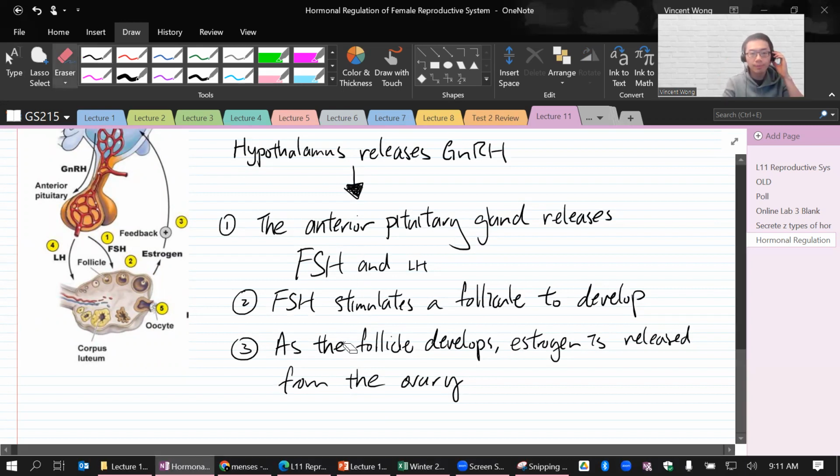And then the estrogen does 2 things. The estrogen will have 2 actions.